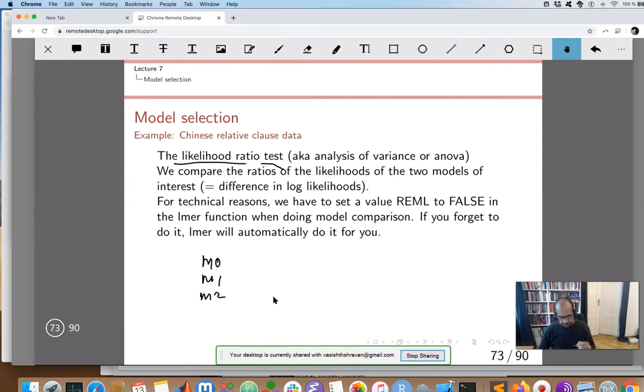And then we will decide based on the chi-square distribution whether to choose the simpler model or the more complex model. Now there are some technical details about how this model comparison is to be done. You have to set a value called REML in the linear mixed model to false, but even if you forget to do that, lme4 will do this automatically for you when you do the likelihood ratio test comparisons using the anova function.